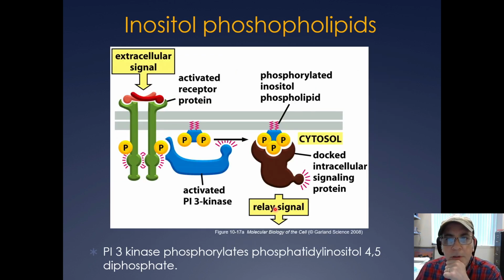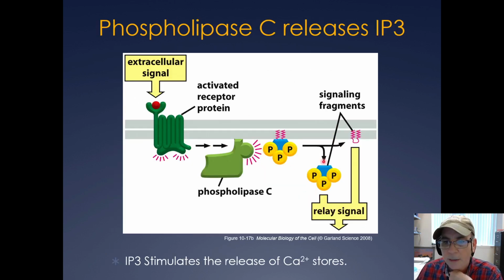And like I said, we looked at inositol phospholipids when we were looking at cell signaling. So here you have your receptor tyrosine kinase. It gets phosphorylated. It will recruit an activated PI3 kinase, which can then phosphorylate the phosphatidylinositol 4,5-bisphosphate. This phosphorylated inositol phospholipid can serve as a docking site, or it can be cleaved by phospholipase C, and then go on to signal to the ER to release calcium, right?